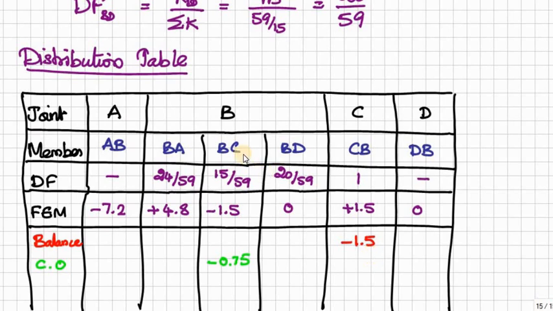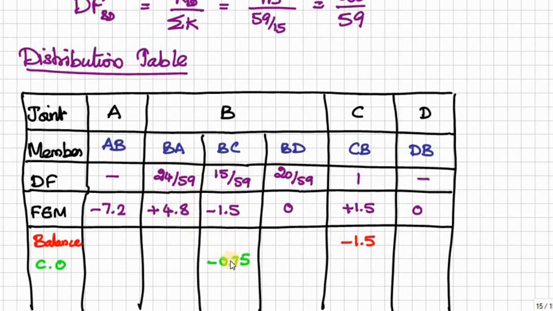Now, we have to focus on the other joint, interior joint B. At this moment, the joint B is not in equilibrium. That is not satisfying sigma m is equal to 0. Therefore, we have to make it sigma m is equal to 0 by applying some extra moments, but in opposite sense. Here the net moment is plus 4.8 minus 1.5 minus 0.75.